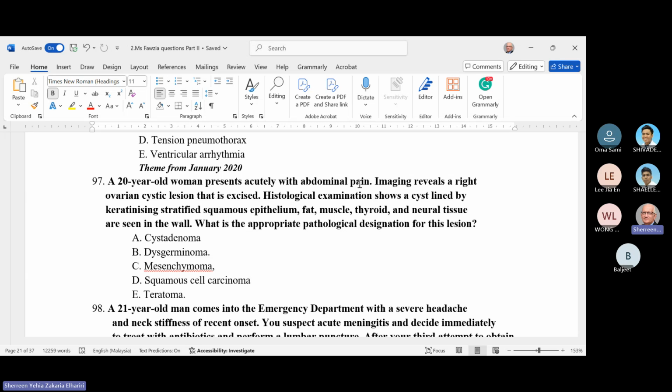So this is what we call totipotent cells, like endoderm, mesoderm, and ectoderm in the same lesion, and usually in young people. So something like embryological anomalies. So what do we call this tumor? Teratoma. Okay.